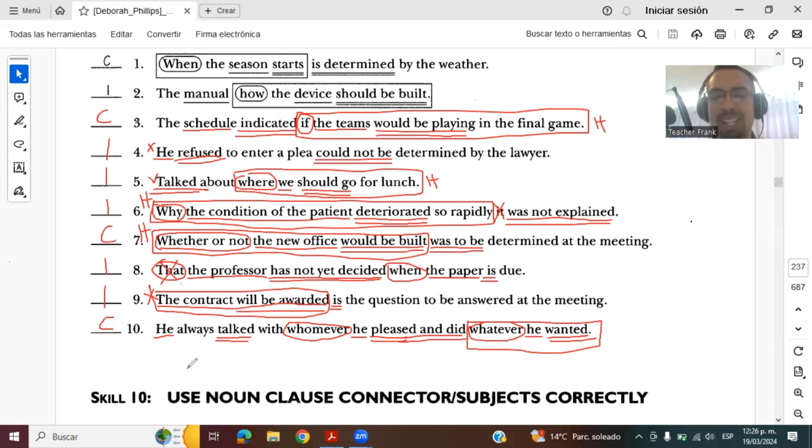I don't know everything, even though I'm the teacher. I'm thinking he always talked with whomever he pleased and did it, right? And in this case, the it would be did whatever he wanted. We can't put it in the beginning, and we can't put it after with, like he always talked with it, because we still have the other part, right? Whatever he wanted. So we have another noun clause. So I think this one is at the end.